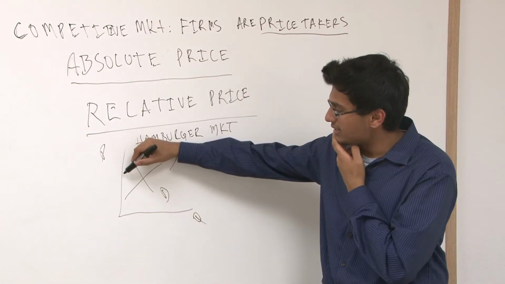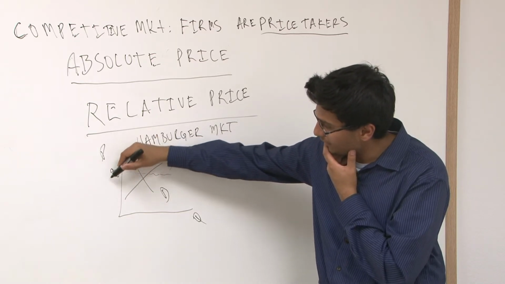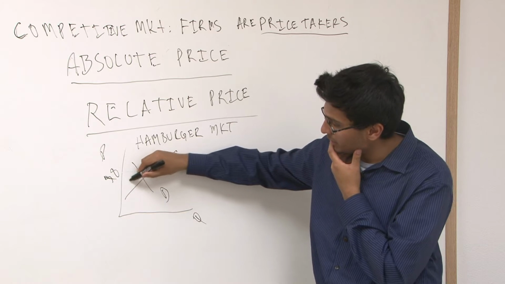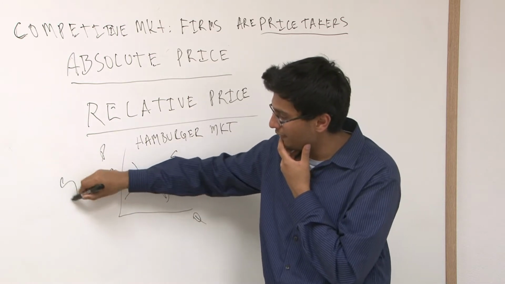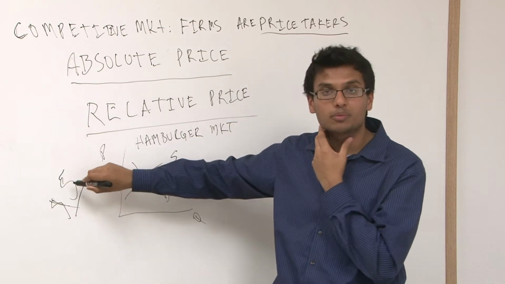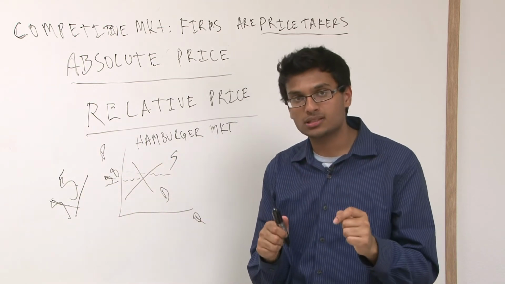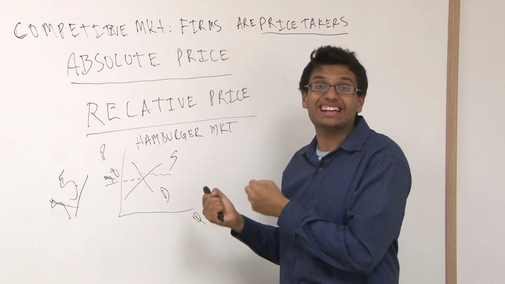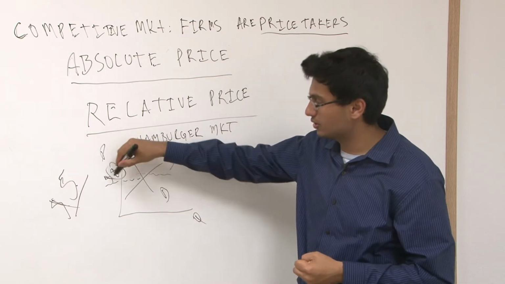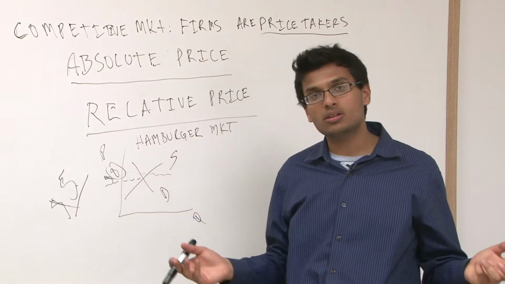But for some reason, I said that the price is at $8, right? But my equilibrium is at, let's say, $5, okay? $5 is my equilibrium price, and $8 is what the price is at. The absolute price is the price that it's actually stated at, which is $8. So the absolute price in my example is $8. If, let's say, it's $2, well, it's $2.